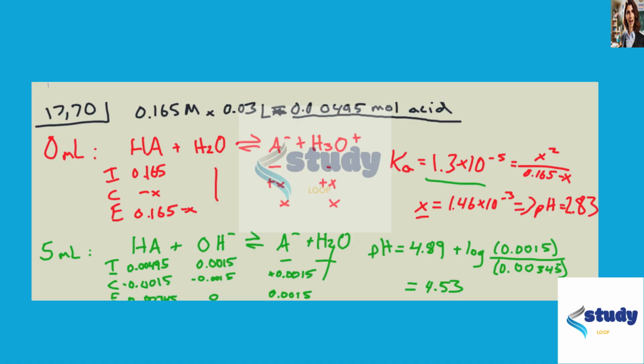Okay, so we're going to open up a new page here. And we're going to do 10 milliliters. Now for 10 milliliters, we can piggyback off the previous one where we subtracted 0.0015 from the initial moles of acid. Now what we need to do is realize that we're going to have HA, OH minus, A minus, and H2O.